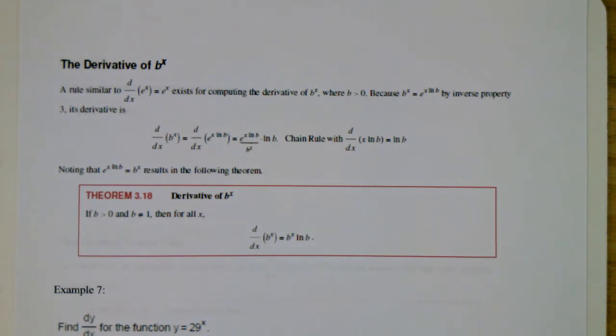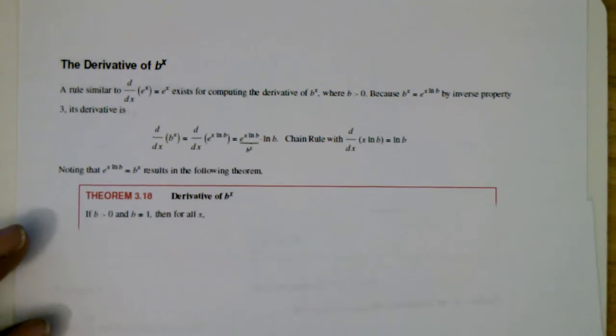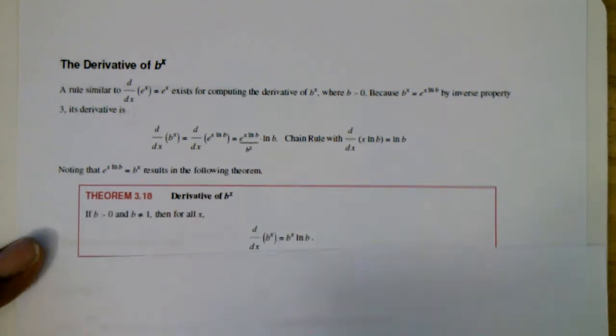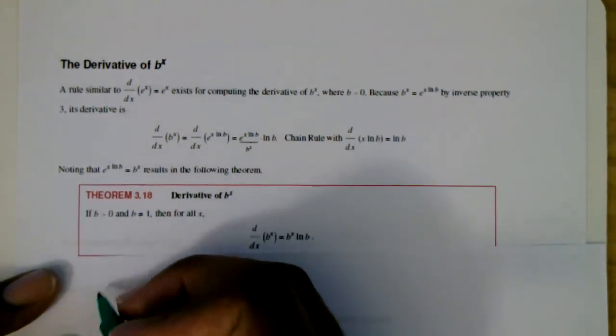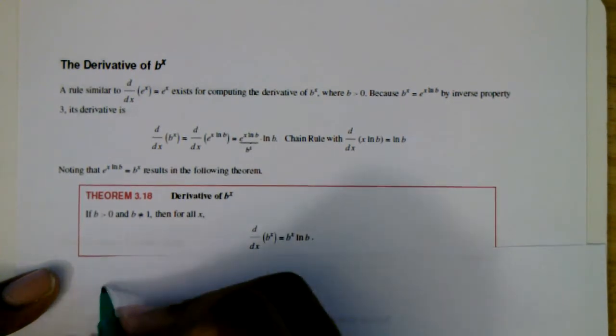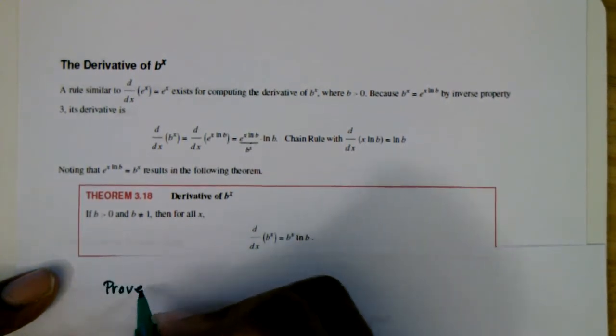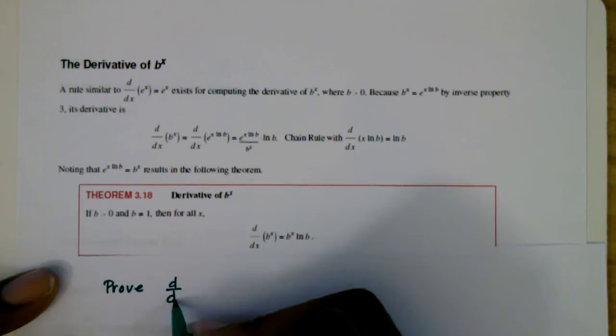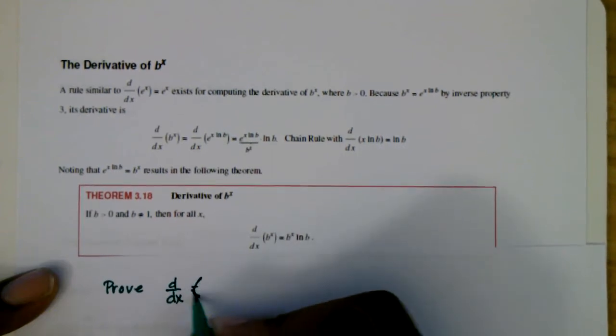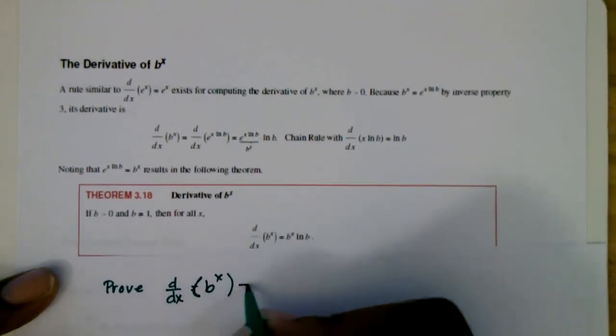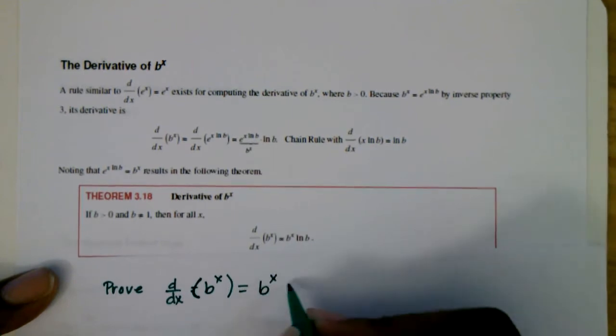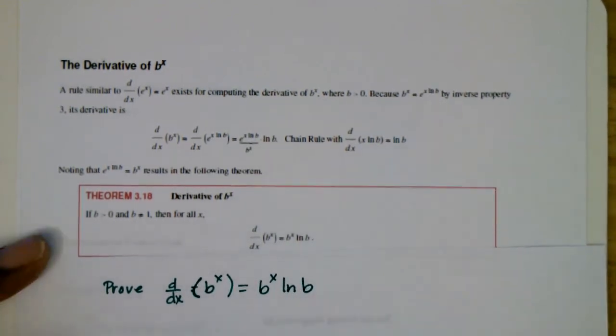Okay, so let me go ahead and go through the proof of that with you. So here, I want to prove the derivative with respect to x of b to the x is b to the x ln of b.